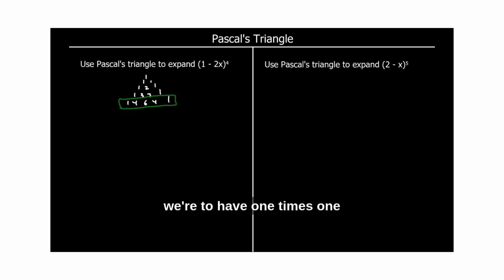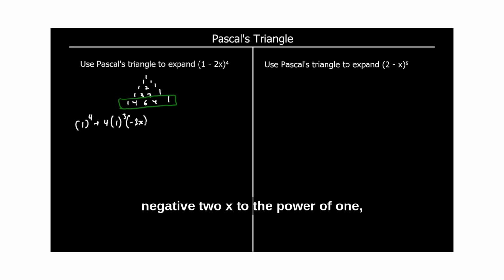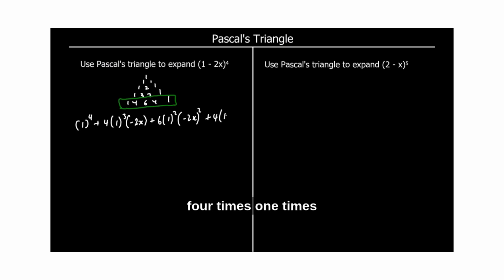So we're going to have 1 times 1 to the power of 4, then 4 times 1 cubed times negative 2x to the power of 1, plus 6 times 1 squared times (negative 2x) squared, plus 4 times 1 times (negative 2x) cubed, and then 1 lot of (negative 2x) to the power of 4.